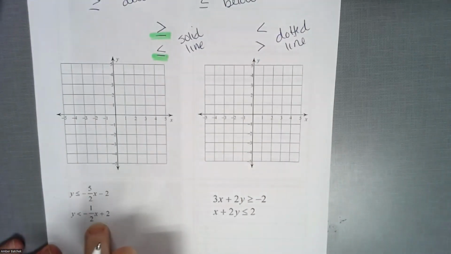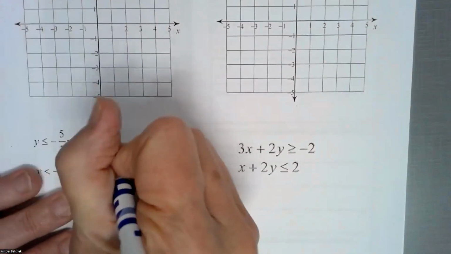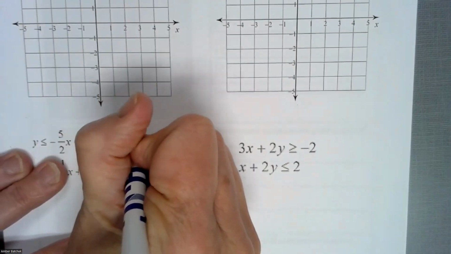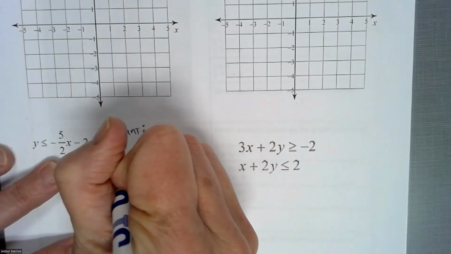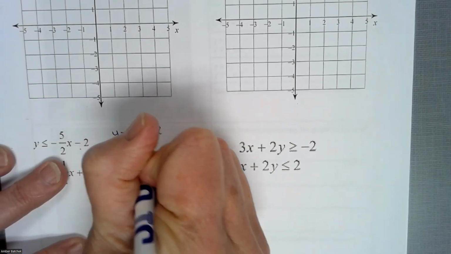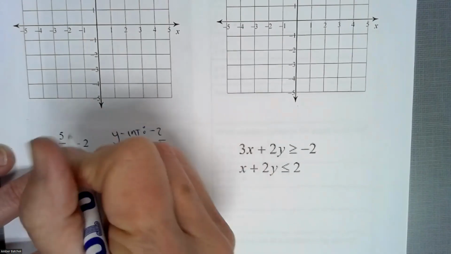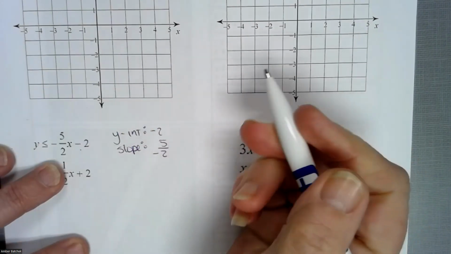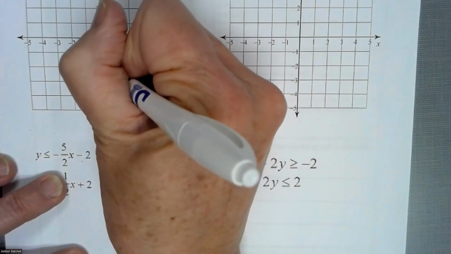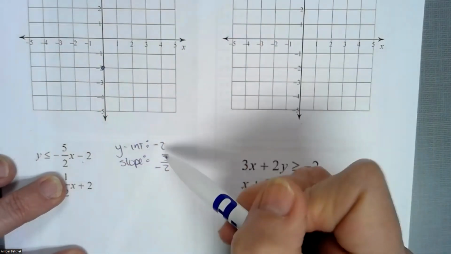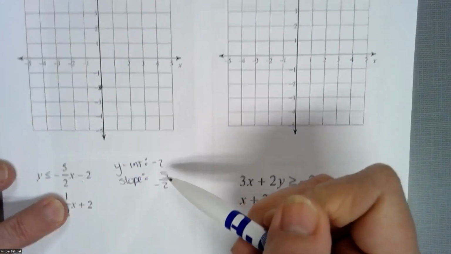Notice there's 2. So first thing we need to do here is we're going to find our y-intercept, which is -2, and we have a slope, which is -5/2, and it doesn't matter where the negative goes. I'm going to put it on the bottom because it's going to help us. So y-intercept of -2 goes here. Then we are going to go up 5 and to the left 2.